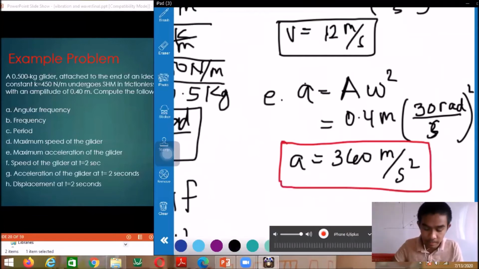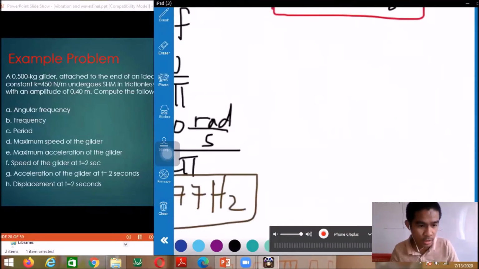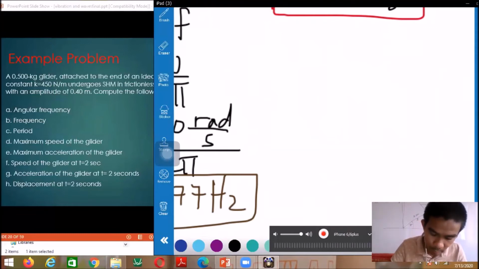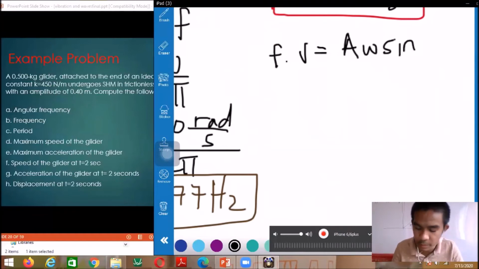Next, the speed. The speed of the glider at t equals 2 seconds, or the speed of the glider 2 seconds after it is released from the initial position. The initial position is the amplitude. Then we have the speed as a function of time. It's letter F. The speed as a function of time is negative amplitude, omega, sine omega t.